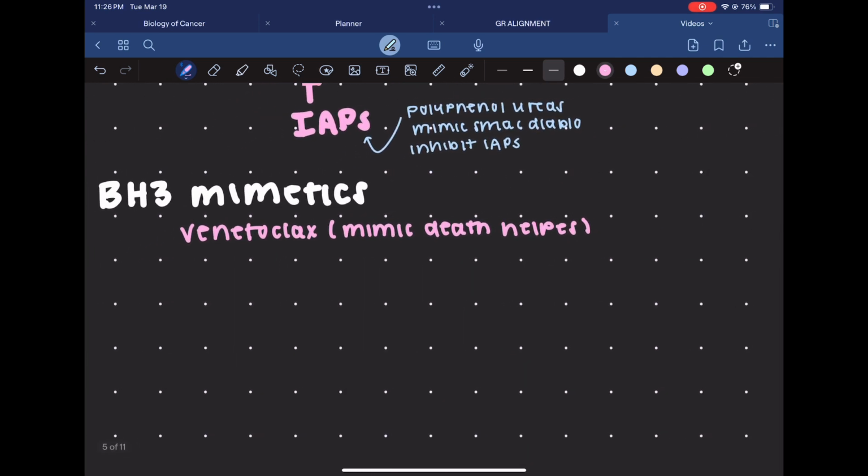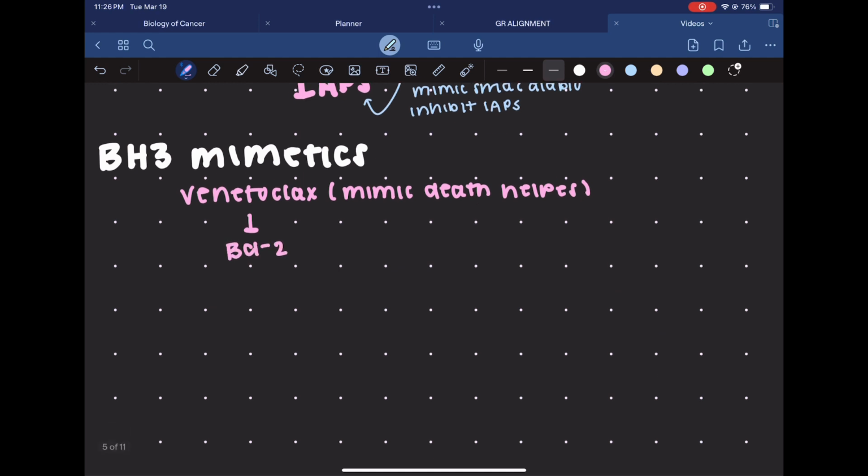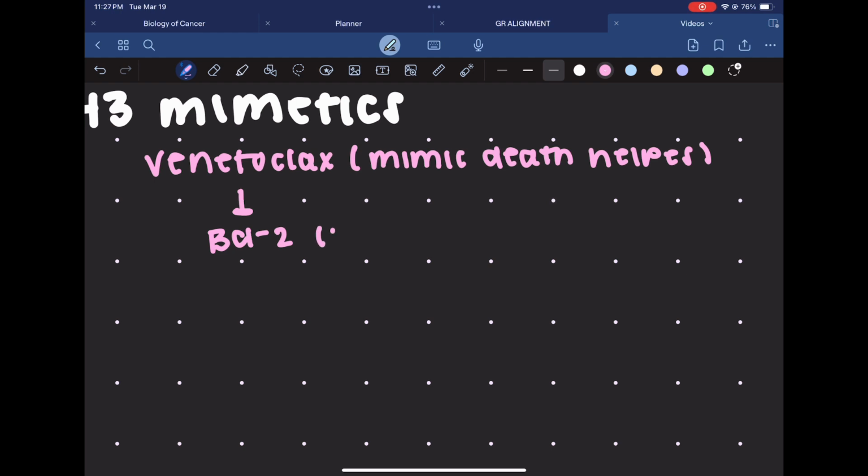So let's walk through what venetoclax is capable of doing. The main activity that venetoclax has is it inhibits BCL2. Now, important to note, this is one of our pro-life proteins. Venetoclax is specific to BCL2.